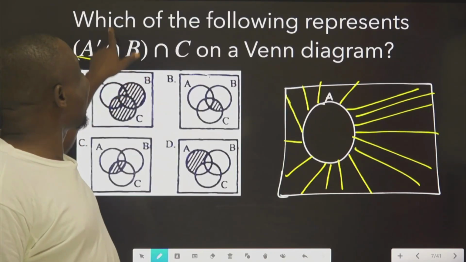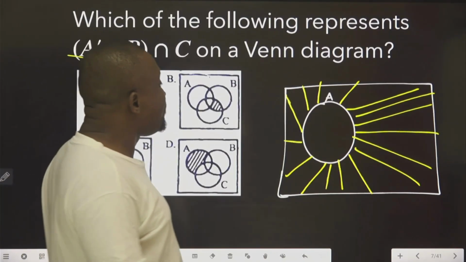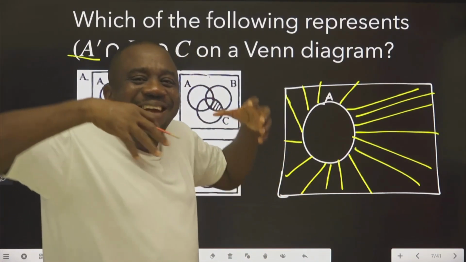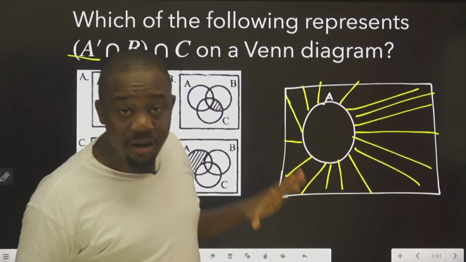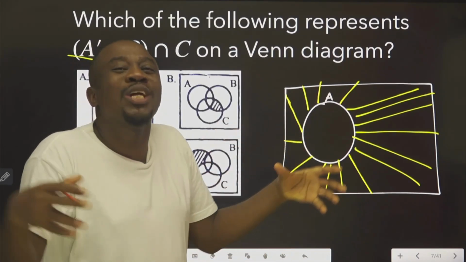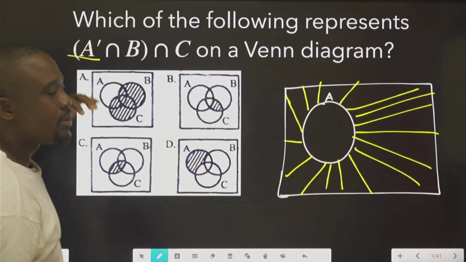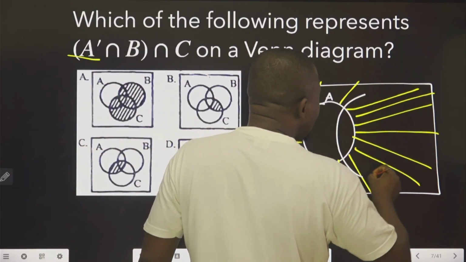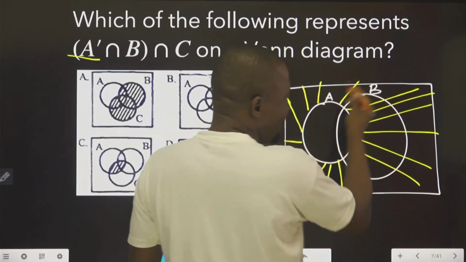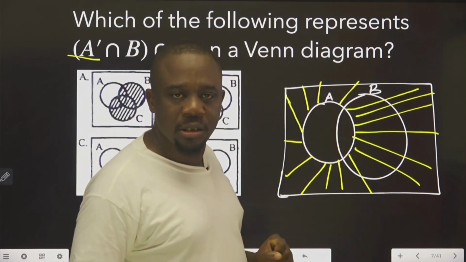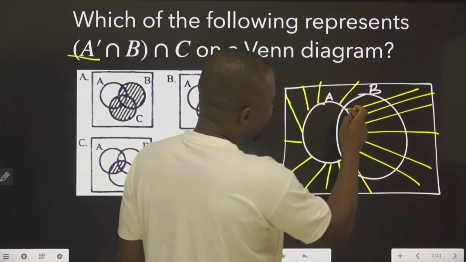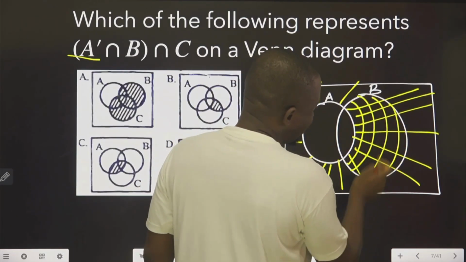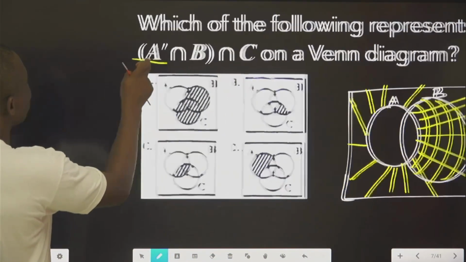Let's go for intersect B. If we have B now, we want to see the area we have shaded now that coincide or that collide with B. So if I come here to put B here now, which area from here can you see that would collide with B? This area. This area.